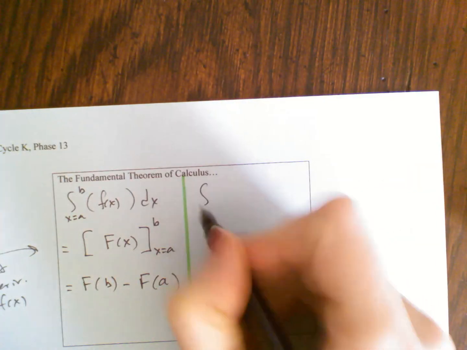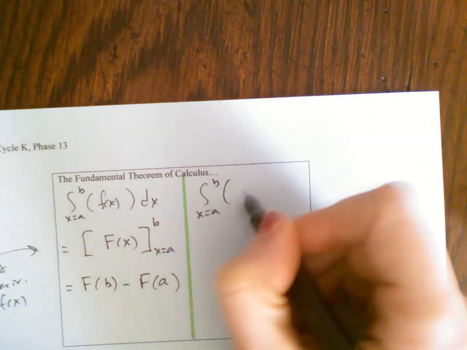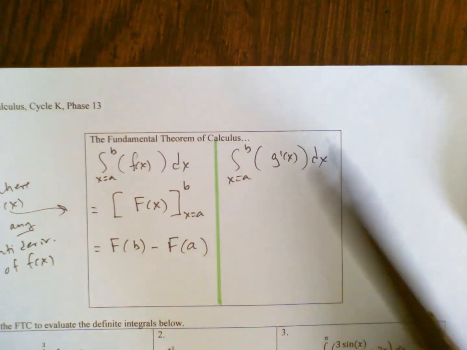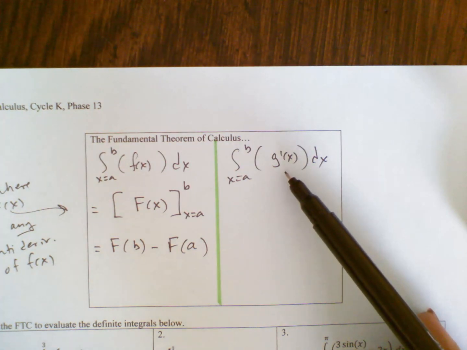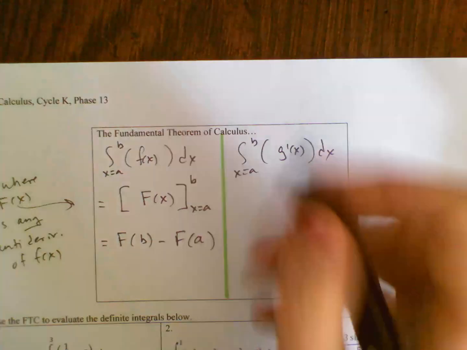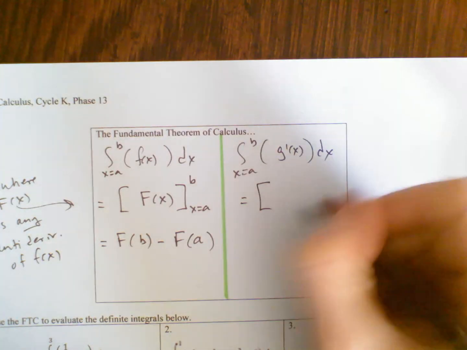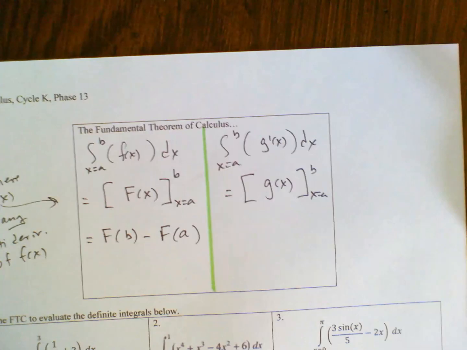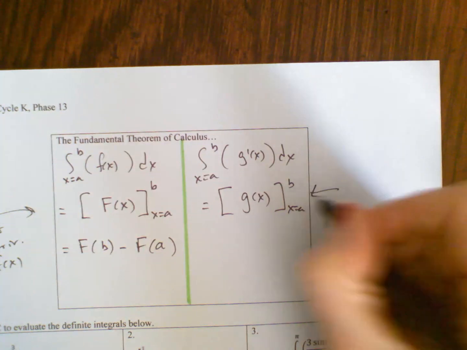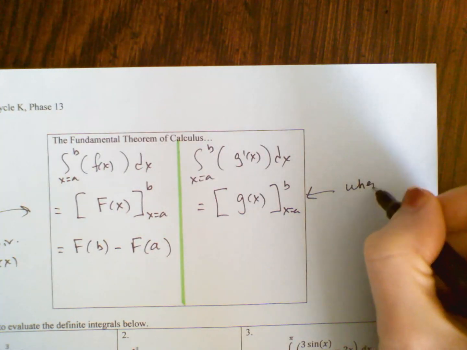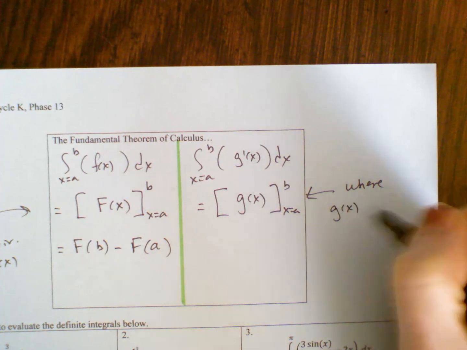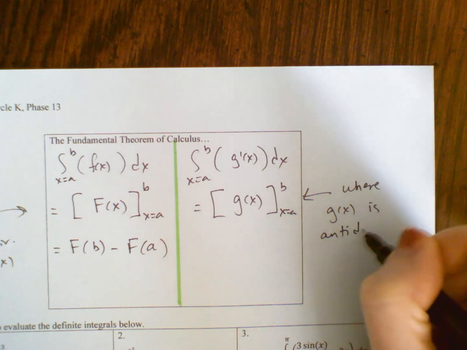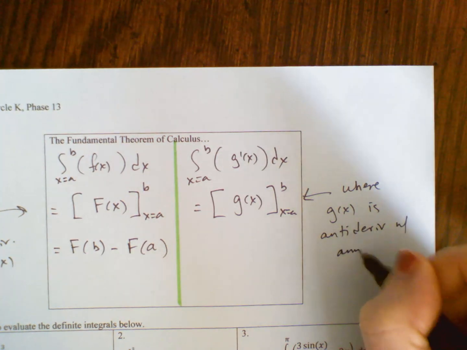So, x equals a to b, g prime of x dx. You could think of the input of the integral as a derivative, like this is already the derivative of some function, and then this is equal to, the antiderivative of g prime is g, where g of x is an antiderivative with any c.